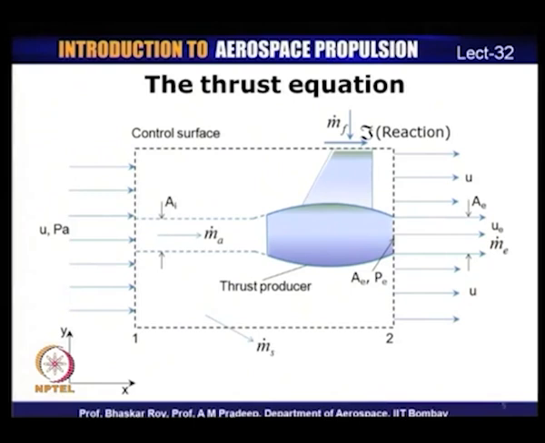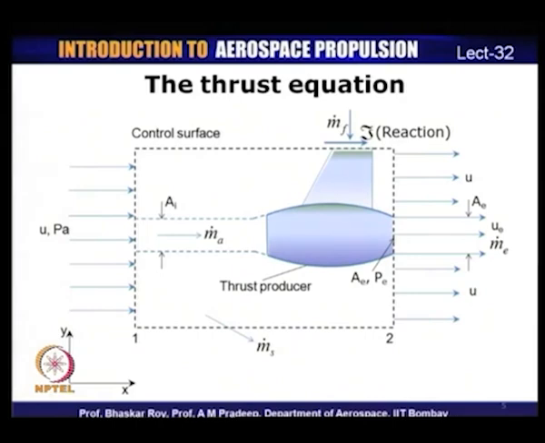We also have a coordinate system indicated here. X is in the direction of the velocities, that is, in the direction of thrust, and y is normal to that.